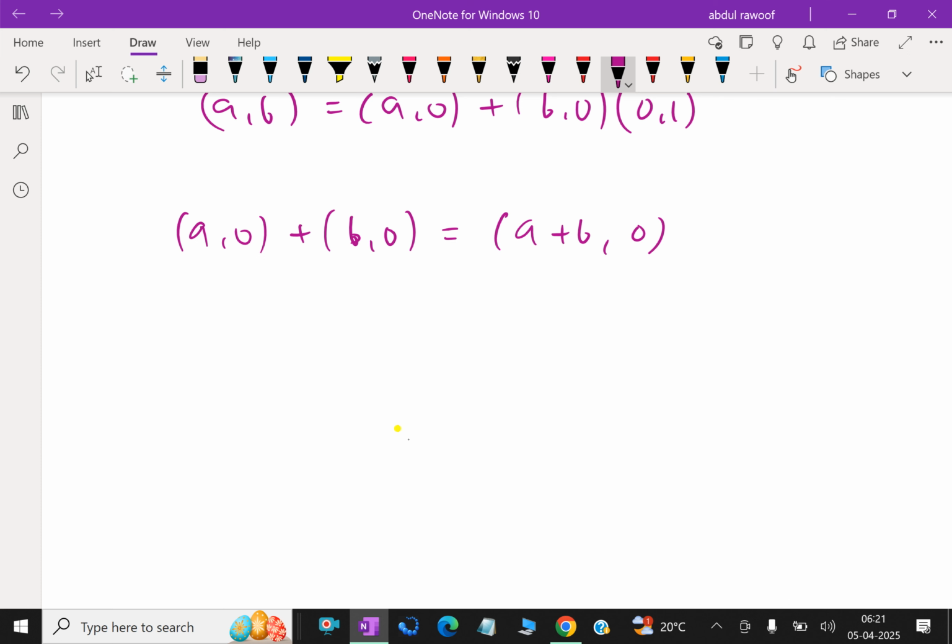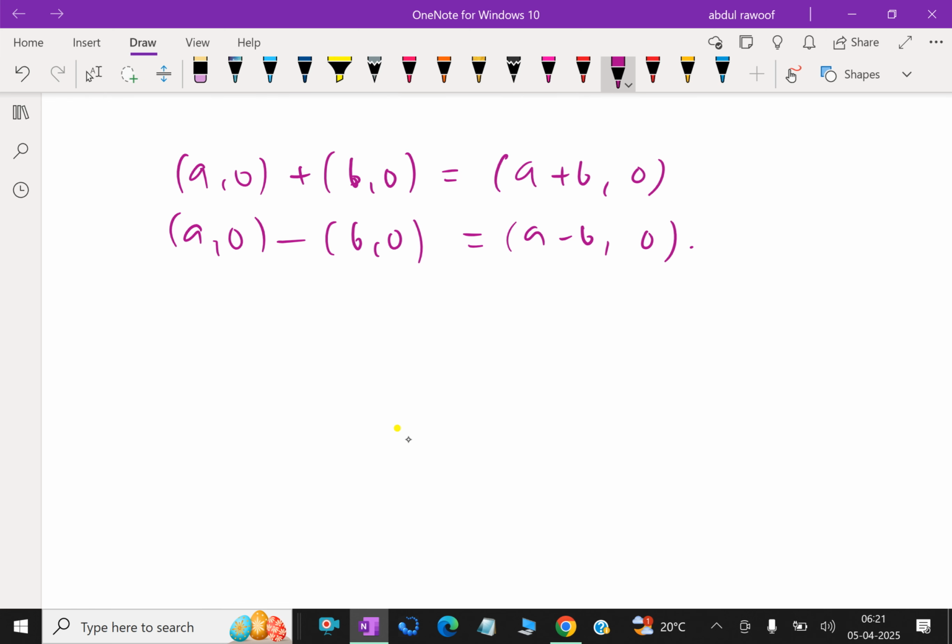Then subtraction, (A, 0) minus (B, 0) can be represented by the same procedure, (A minus B, 0). Look at this multiplication. (A, 0) dot (B, 0) is represented by (AB, 0).